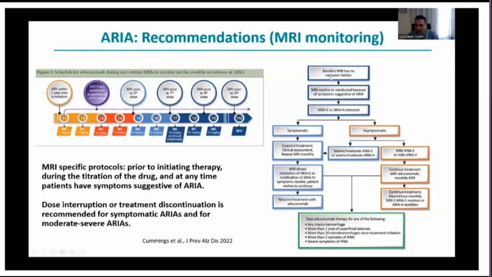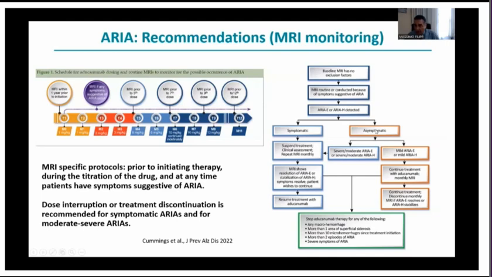So we have a baseline MRI with no reason to exclude the patient from the treatment. And we perform serial MR scans during treatment. And let's imagine we detect either ARIA-E or ARIA-H. So if they are asymptomatic and they are mild, we will continue treatment unless something else happens, in which case we will discontinue it.